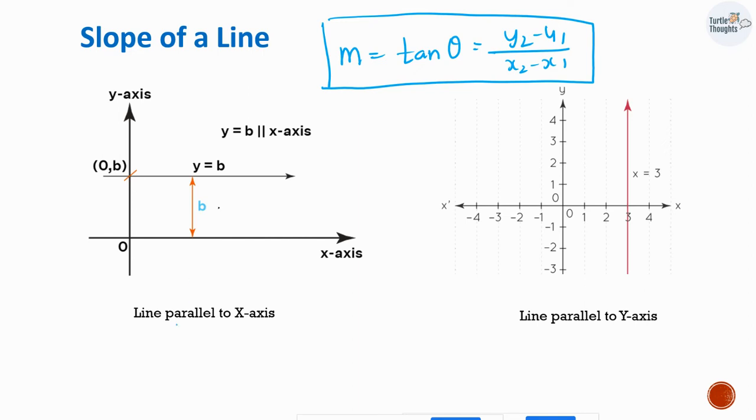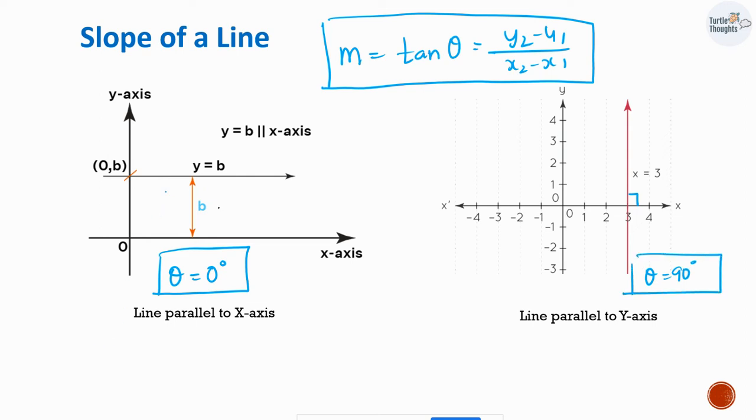Now, if we have any line which is parallel to x-axis, the angle it makes with the x-axis is 0 degree. Similarly, if I have any line which is parallel to y-axis, then the angle it makes with the x-axis is 90 degree.